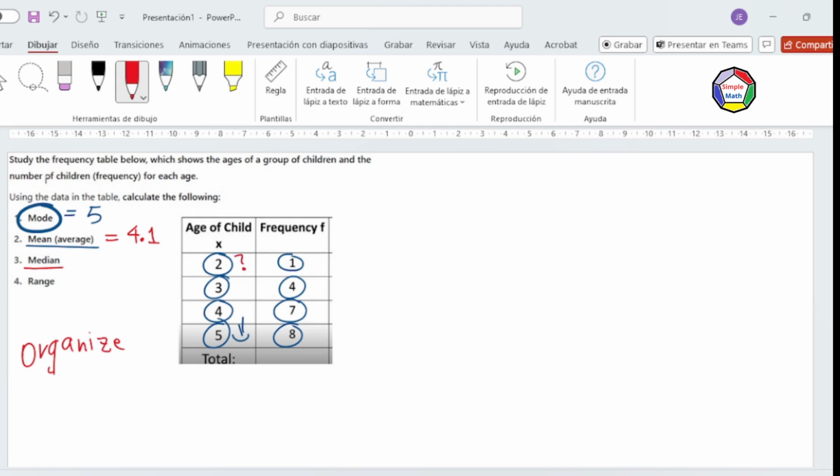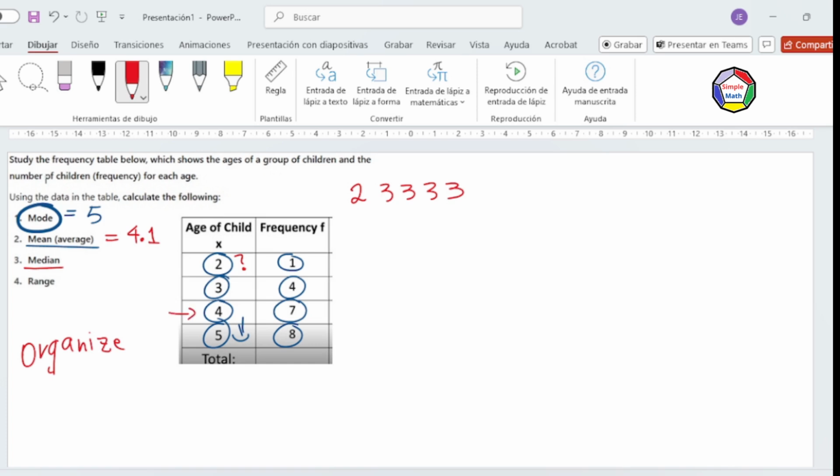We have 1 number 2, so I'm going to write it here. How many number 3s do we have? 4. We have to organize it from the least to the greatest. So here we have the number 3 repeated 4 times. Now we will focus on the number 4.